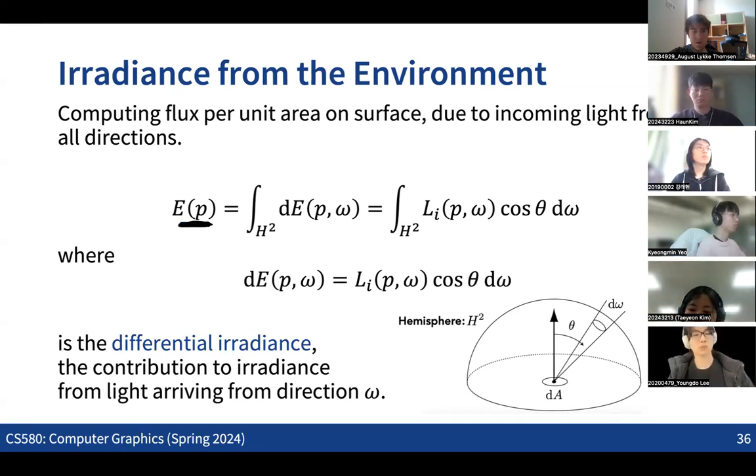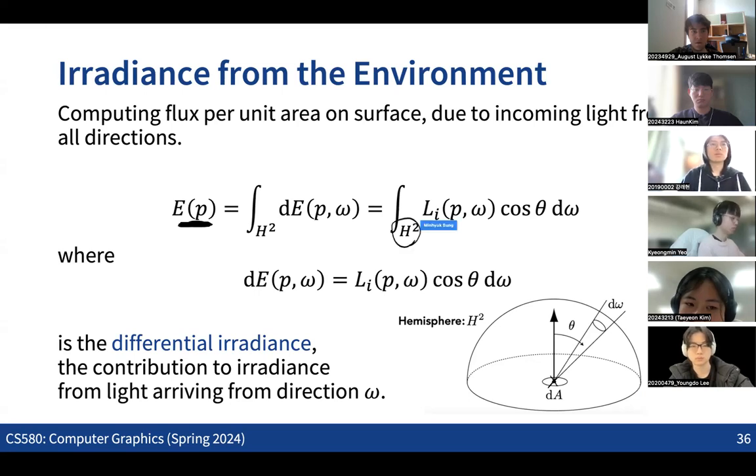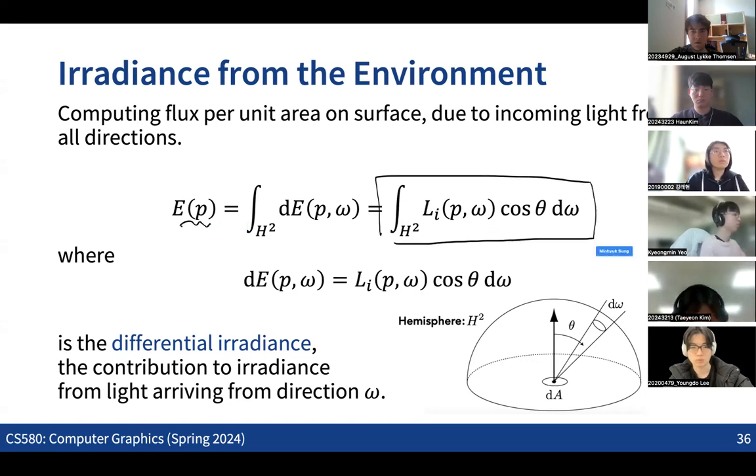When you think about one single point over the sphere, and you assume a flat plane, so that we can consider only the hemisphere for all the directions. So over all the directions defined over the hemisphere, if we have information about the incoming radiance, then we can calculate the irradiance as the integral of this form, right? So we have the cosine theta here because of the definitions of the radiance, right?